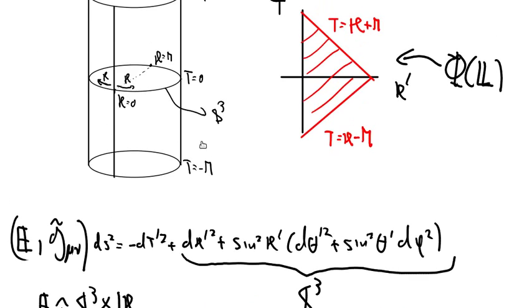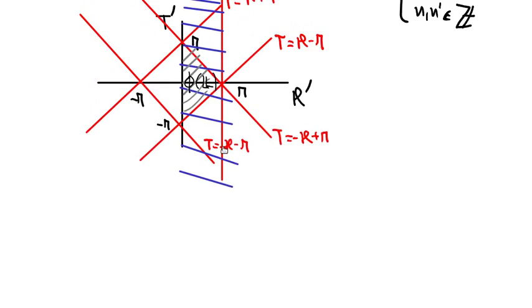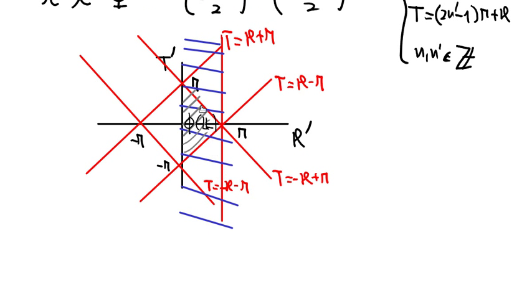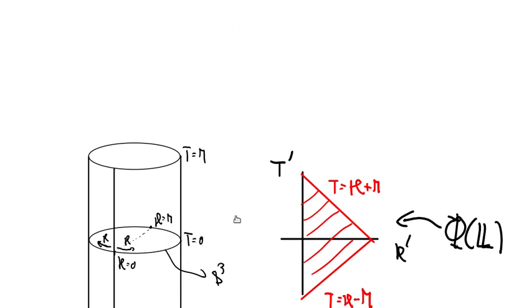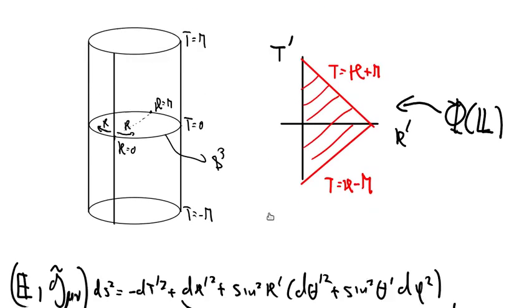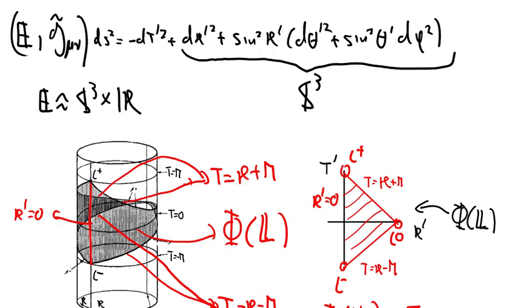And in the two-dimensional diagram, we see that null rays are just lines with a slope of 45 degrees. And since these lines have that slope, we deduce that they correspond to null sets on the Einstein static universe. So that's why I'm saying that these are null hypersurfaces. And this is one point.